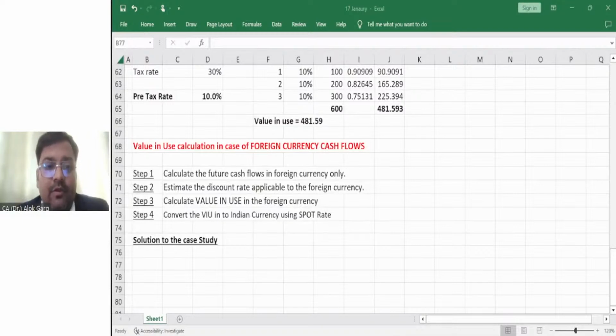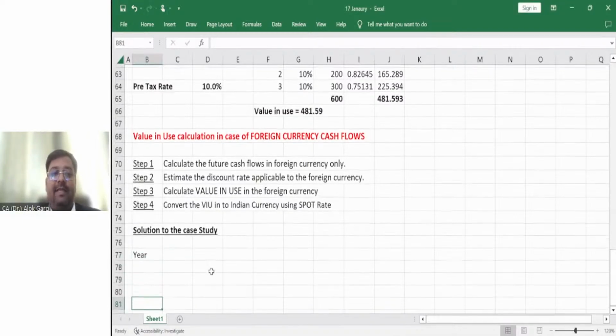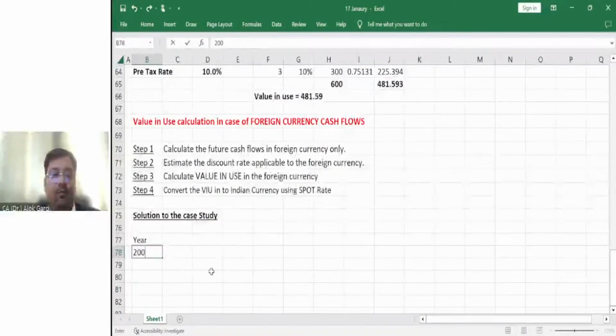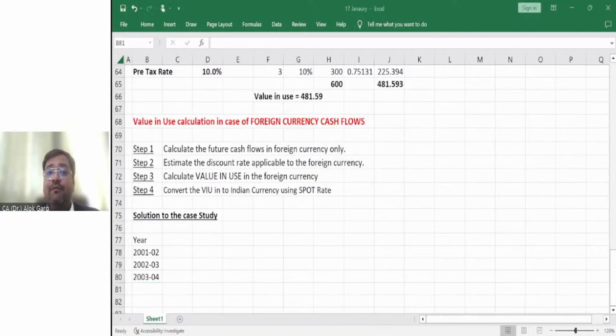First of all, the year. What is the year? The years are 2001, 2002, 2003, 2004, as given in the question. So what is your step number 1?